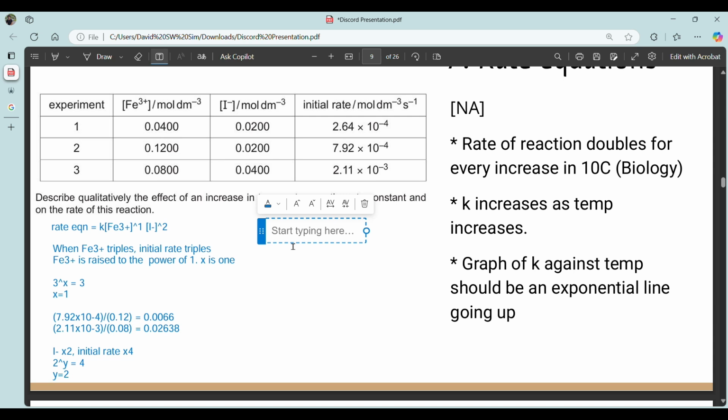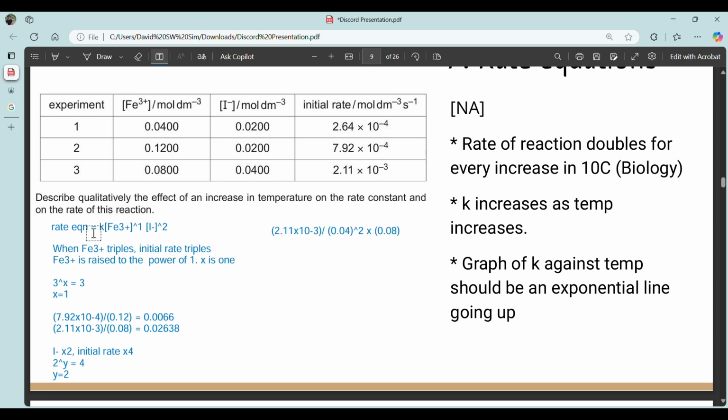To find the rate constant k is quite easy. We just select any experiment. I'll just go with experiment 3, and we'll divide the rate by 0.04 squared times 0.08.